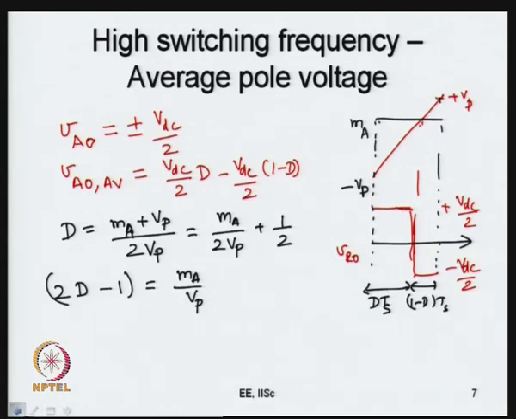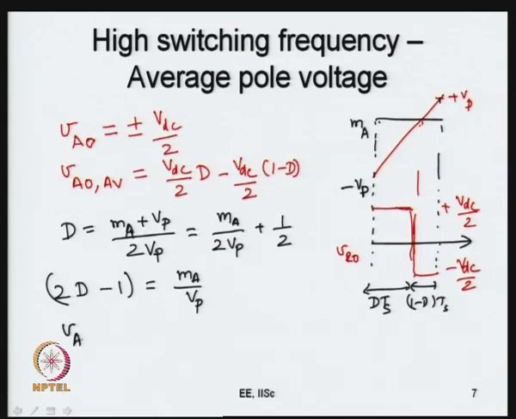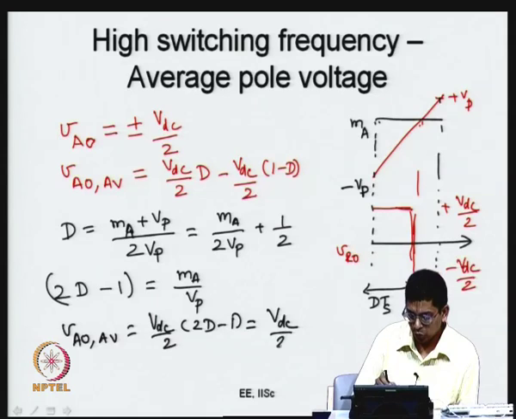VAO average, there is Vdc by 2 times d minus Vdc by 2 times 1 minus d. So, this is exactly what you have here. Let me go back: VAO average itself is Vdc by 2 times 2d minus 1 from the previous equation, and 2d minus 1 is equal to MA by Vp.